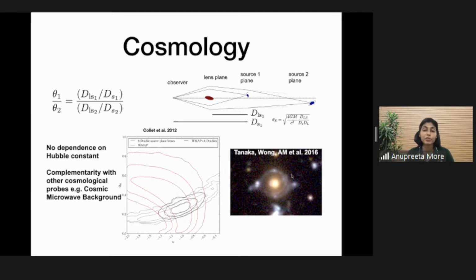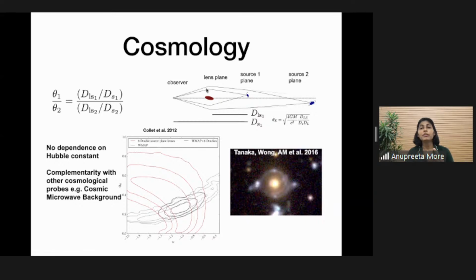When we analyzed this particular system, we found out that it is not exactly a double source plane system. It is also a double lens plane system. So source one is massive enough that we need to account for its presence at a different redshift compared to the lens plane and the main lens galaxy.